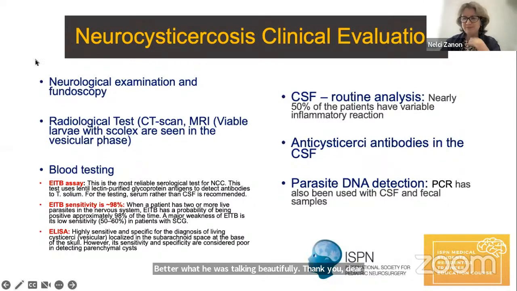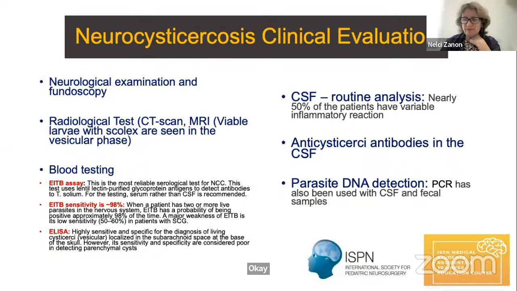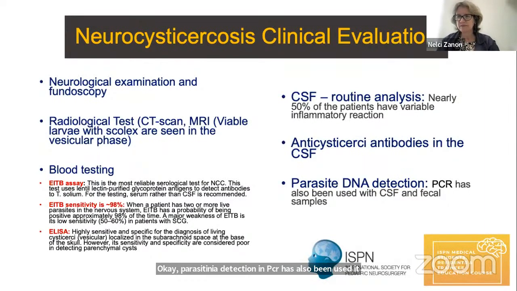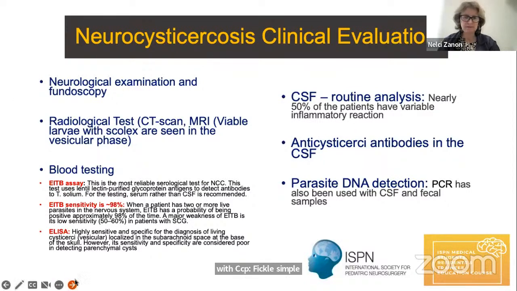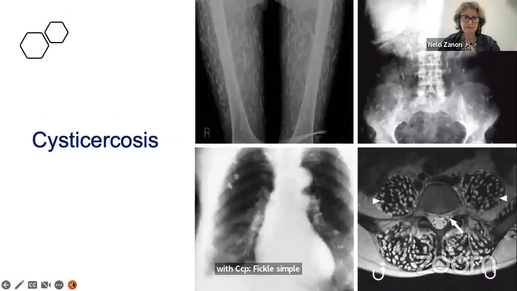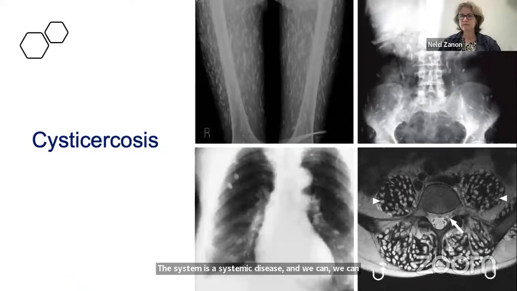Okay. Parasite DNA detection by PCR has also been used with CSF and fecal samples. Cysticercosis is a systemic disease, and we can observe it in other studies.